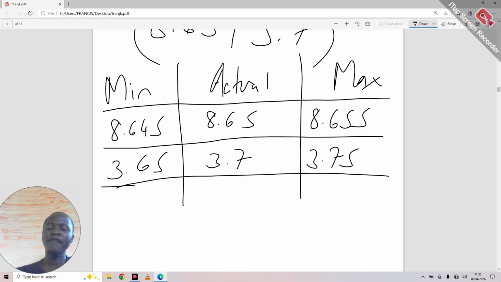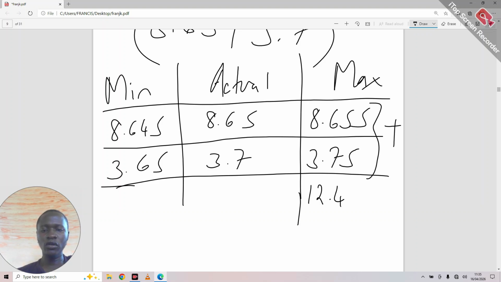Now, after doing that, just indicate at the far end there that we are adding. So add them directly, going downward the way they are. So under maximum column, we shall have 8.655 plus 3.75, giving us 12.405.